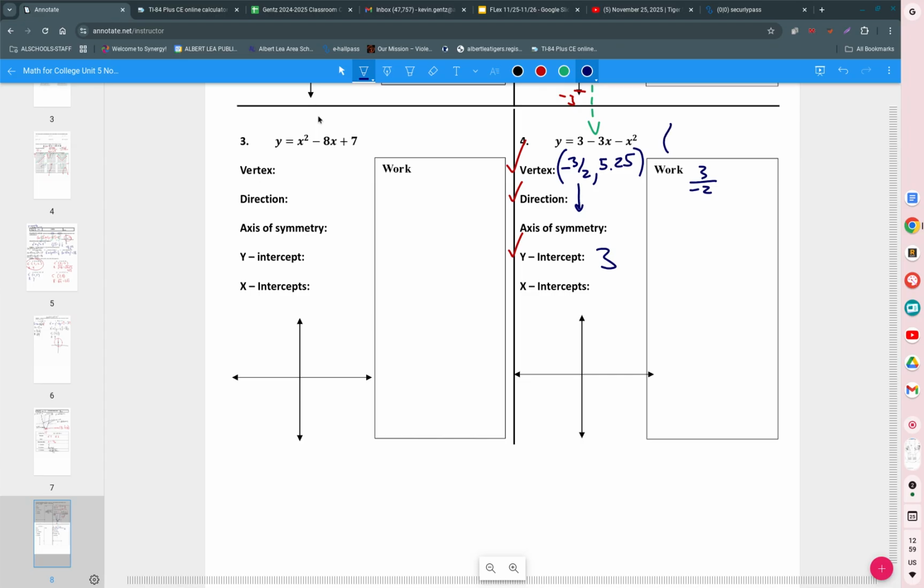Remember that negative 3 halves is the same thing as negative 1.5. So that's going to be my vertex. So I'm going to plot that. I'm going to make a 6 by 6 graph. 1, 2, 3, 4, 5, 6.